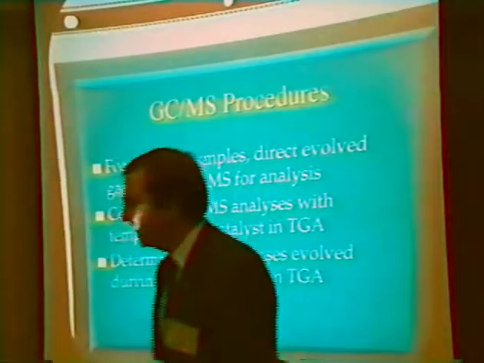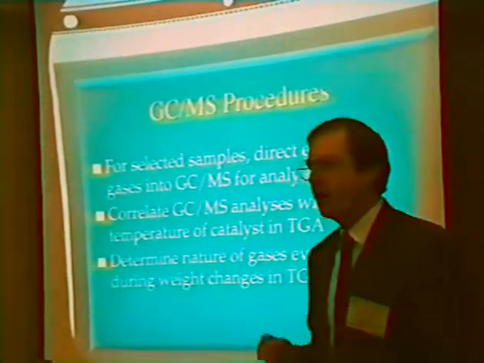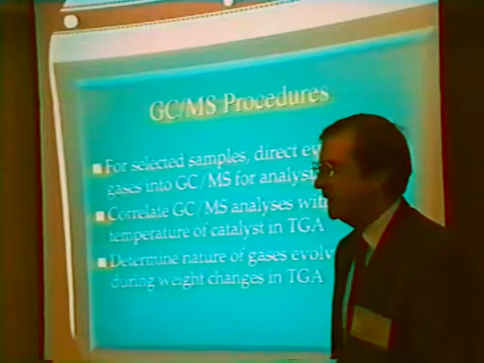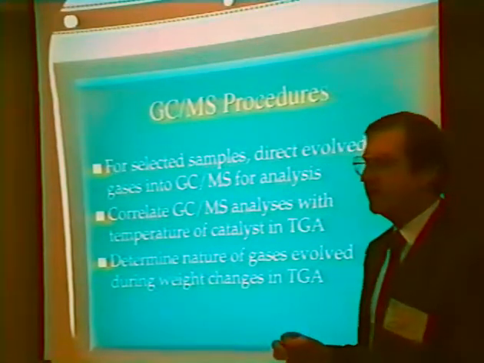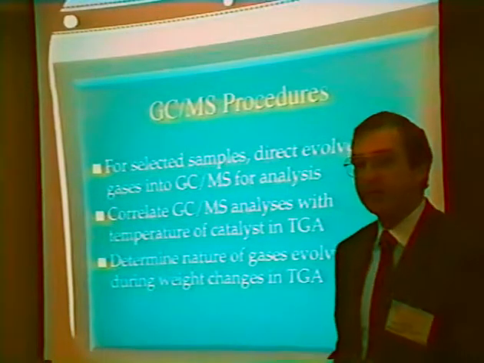It's important that you demonstrate in what temperature range the Hoffman reaction occurs in your system, because it's the weight change attendant to this chemical reaction that you're using to characterize the Bronsted site density.